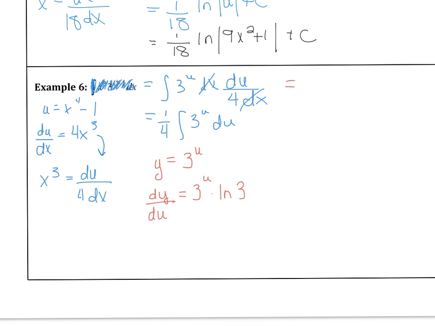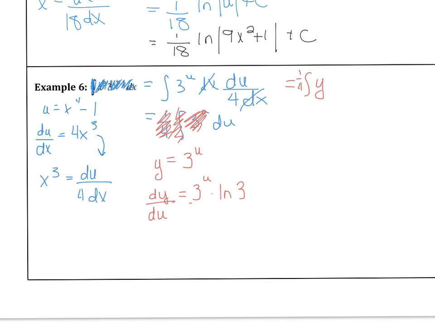So let's rewrite. I have my integral. I'll put my 1/4 out here. Almost forgot about you. And now 3 to the u, I am calling that y. And then I need something that is exactly equivalent to du. That's going to take a little bit more algebra, but I think you can do it.